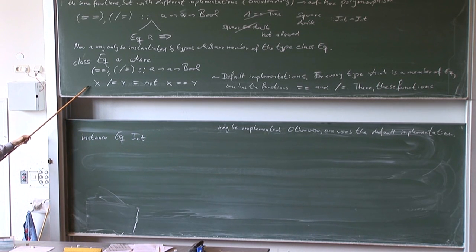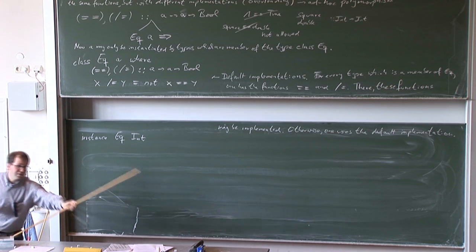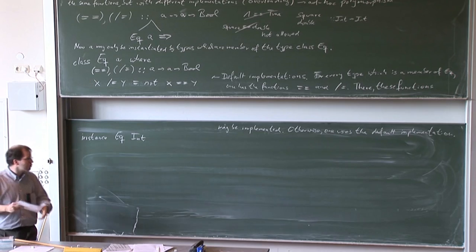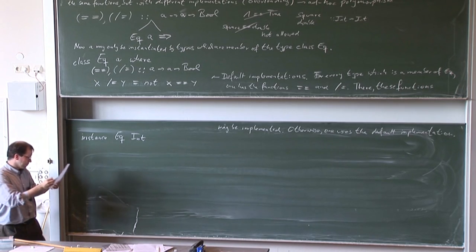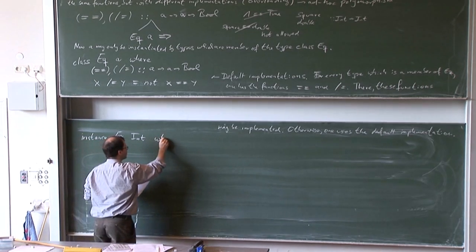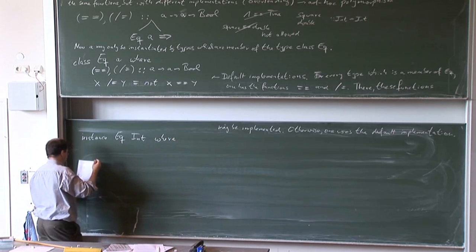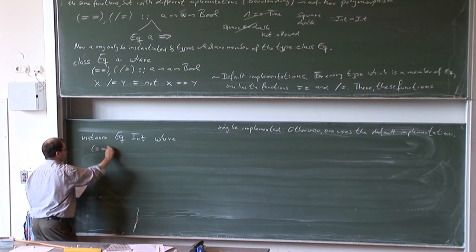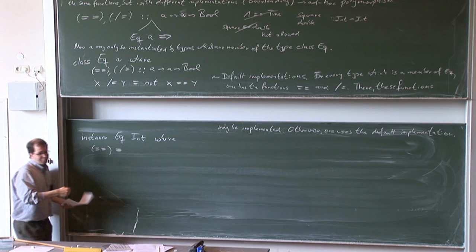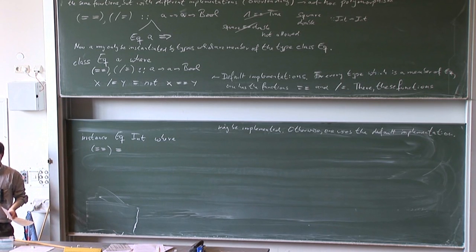Now, there is no default implementation for equality in this example, so it's a good idea to give a concrete implementation of equality. And to do this, we would write where, and now we can say how equality should be defined. Now, int is predefined. Int you can represent by usual integer numbers, like 1, -1, 2, -2.